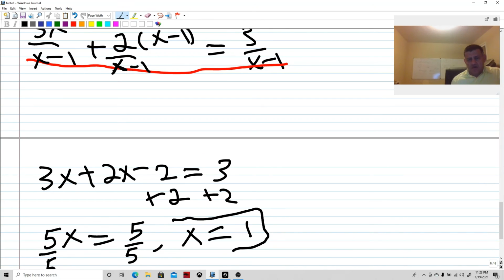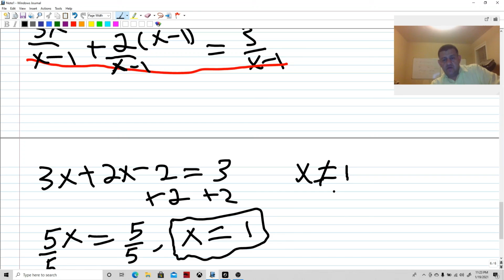Right? So what did we say? We analyzed the problem and we said that x cannot equal 1, right? Therefore, we can conclude that this doesn't have a solution.